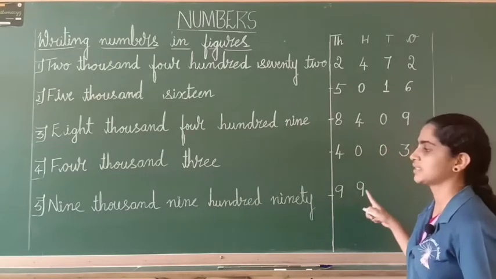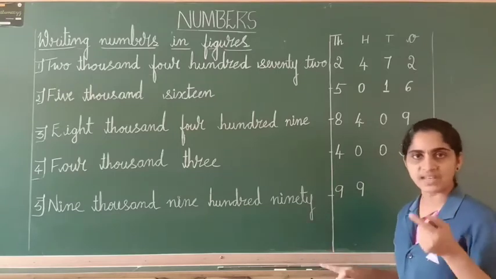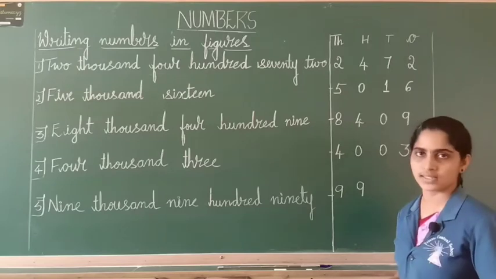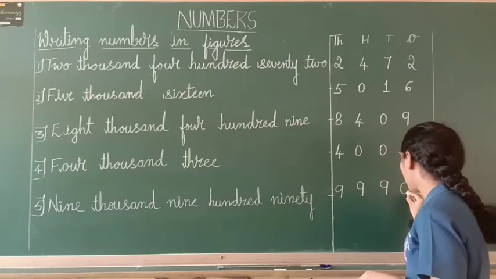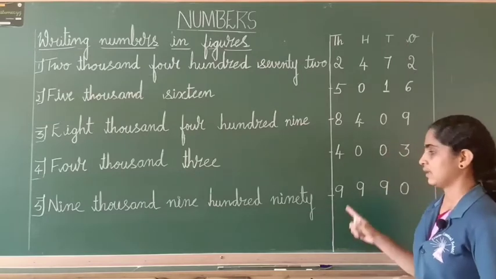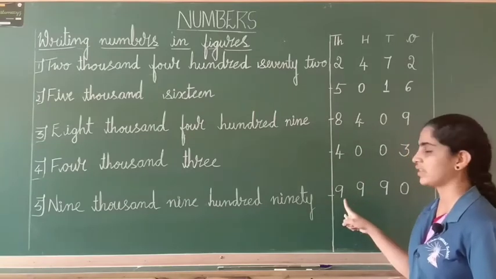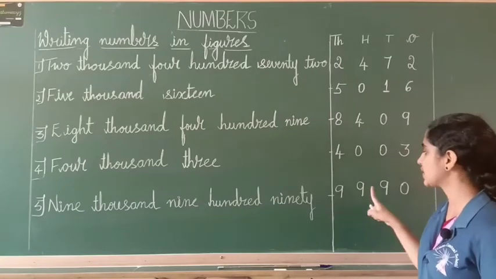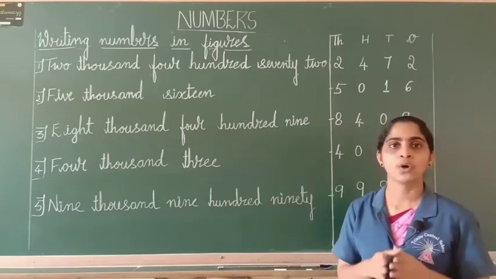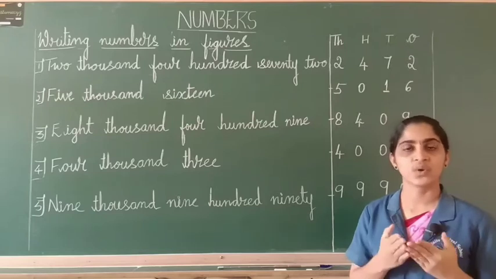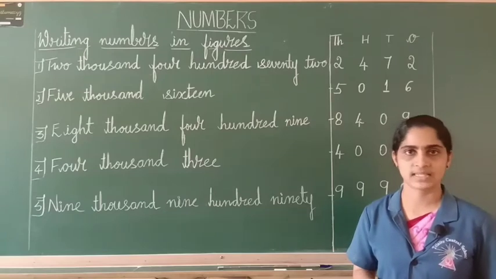So 9,990. 90 means we have 9 tens and 0 ones. So we have to write 9 in tens place and 0 in ones place. This is how we have to write this given number in figures. So when we read this number, it will be 9,990. I hope you all understood this concept. Now you are able to write the numbers in figures whenever it is given in words.